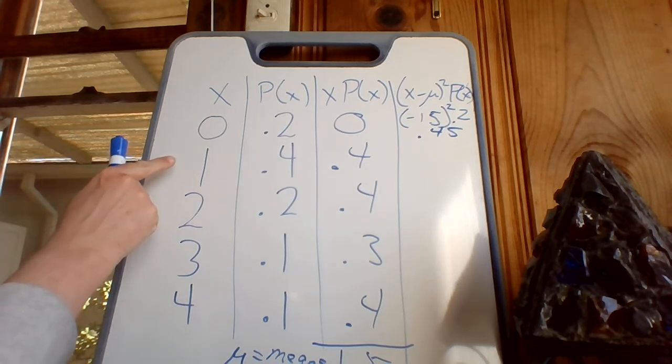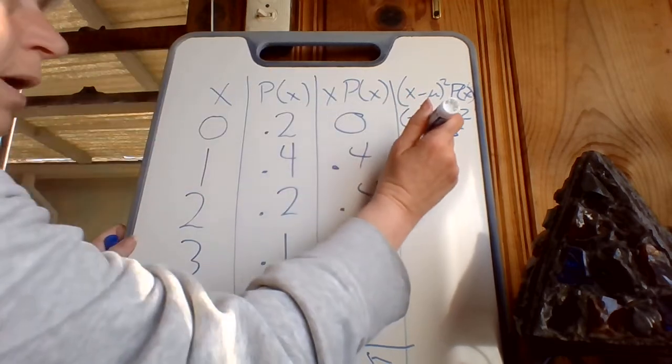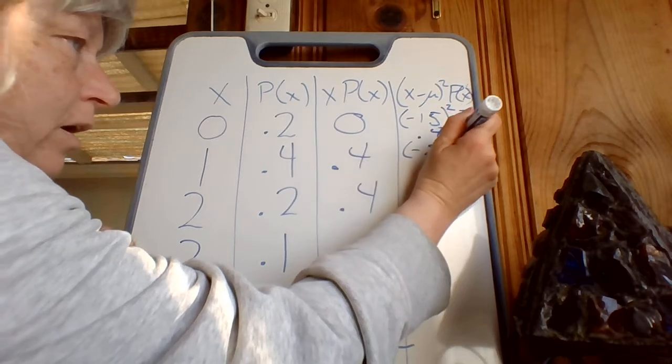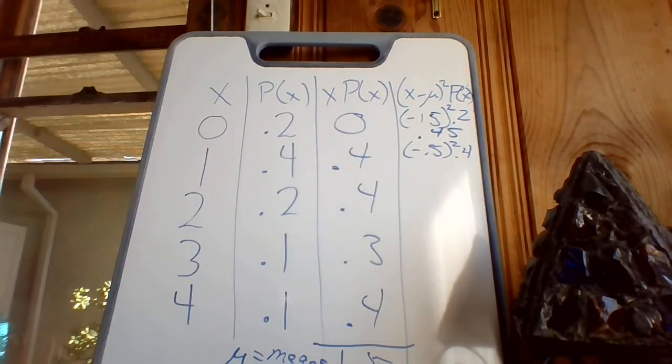Next, 1 minus the mean, so negative 0.5 squared times column 2, 0.4. Negative 0.5 times negative 0.5 is positive 0.25, and then times 0.4, that's 0.1.